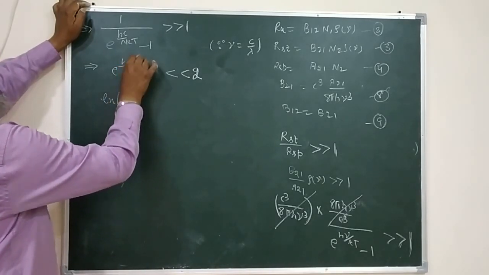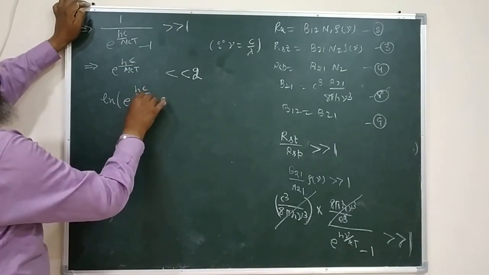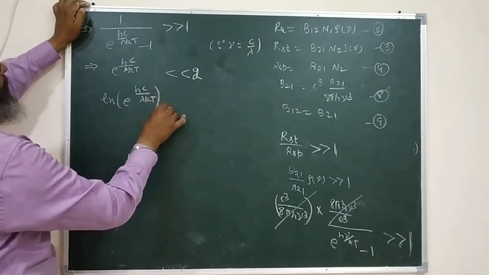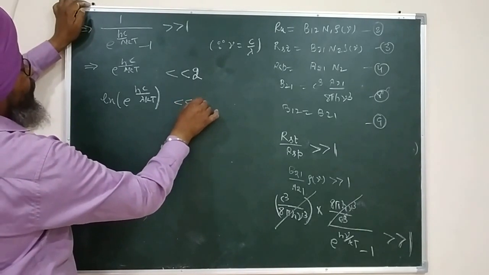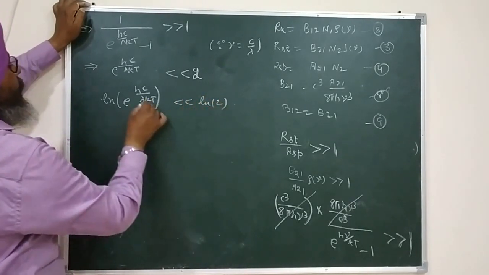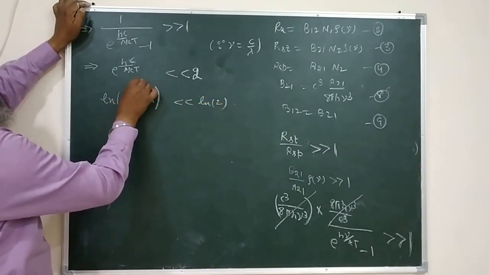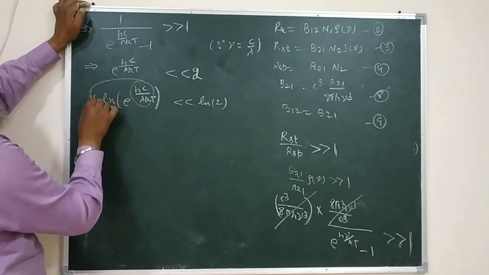Sorry, this is hc upon lambda kT, which should be much smaller than log 2. So log e we know is 1, this power will come ahead.